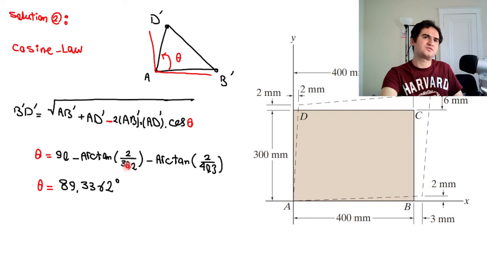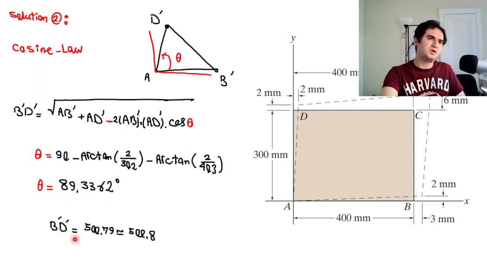It just comes from here, rise over run. If you subtract that from the 90 degrees angle, it gives you a smaller angle of 89.32.